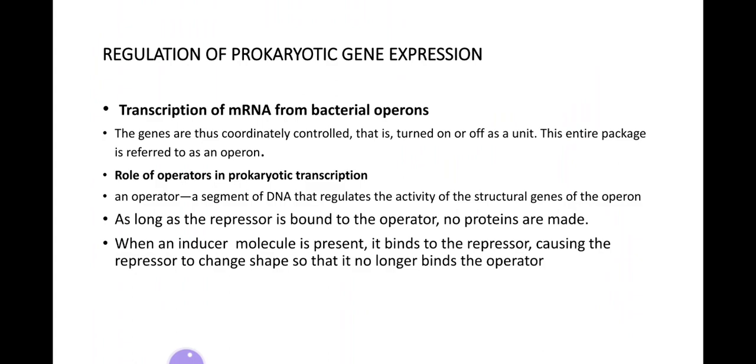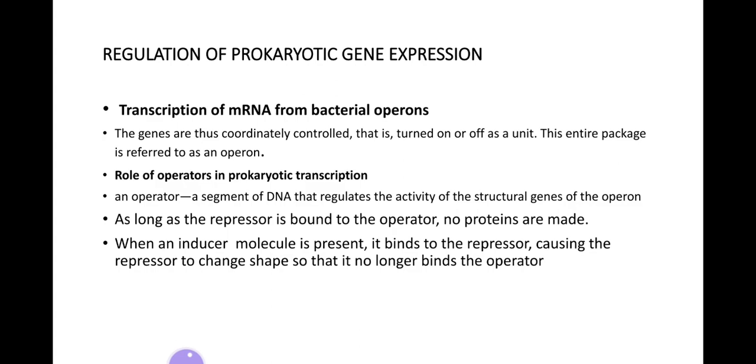Transcription is the first step in the expression of a gene, and regulation at the very first step is a very efficient approach, because energy is not wasted in making unneeded gene products like proteins.